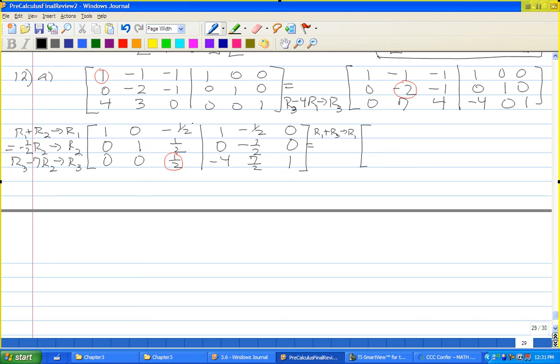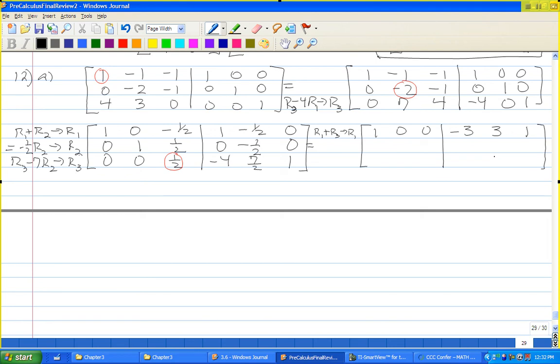So just add these. So 1, 0, 0 plus 1 is 1, 0 plus 0 is 0. 1/2 minus 1/2 is 0. 1 minus 4, negative 3. 7/2 minus 1/2, 6/2, which is 3. 1 plus 0 is 1.